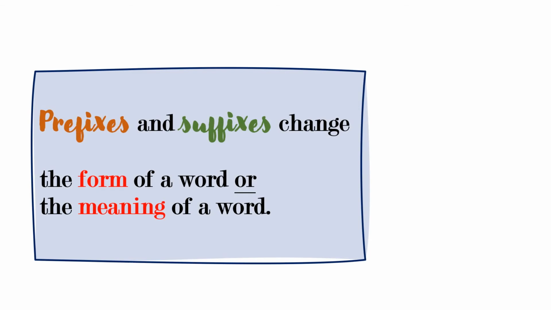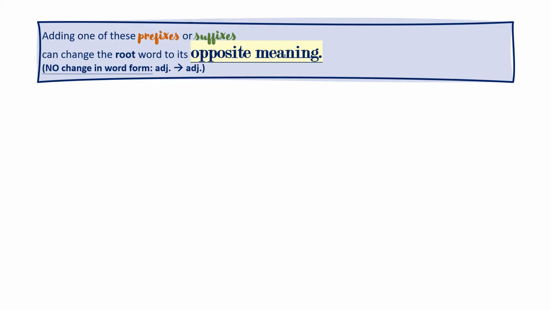In short, prefixes and suffixes change the form of a word or the meaning of a word. Next, let's take a look at some common prefixes and suffixes. Adding one of these prefixes or suffixes can change the root word to its opposite meaning.